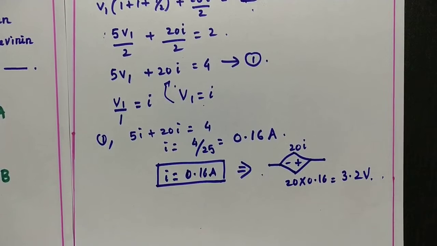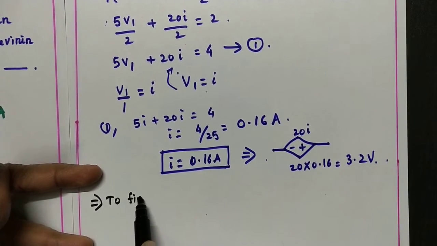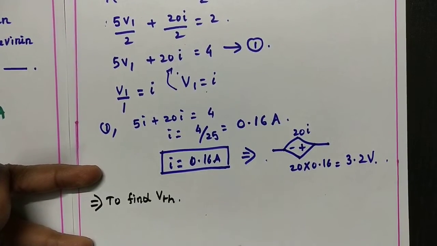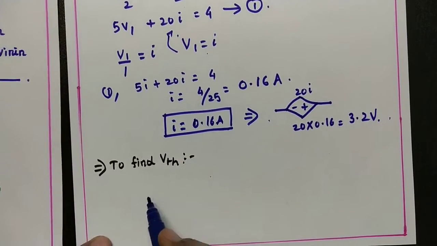Now we will find Thevenin's voltage. So to find VTH, again we draw the circuit.